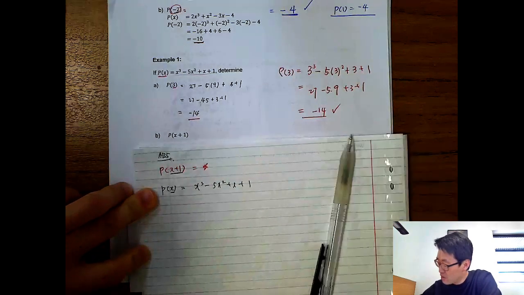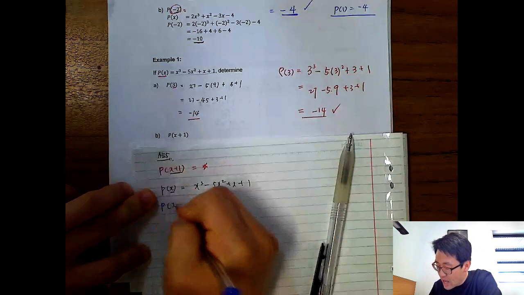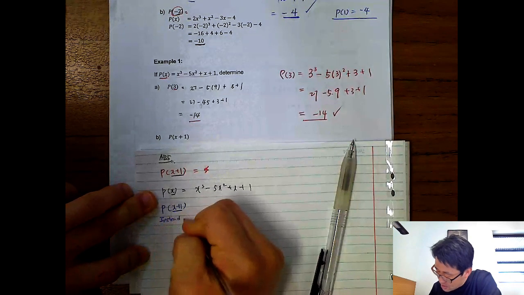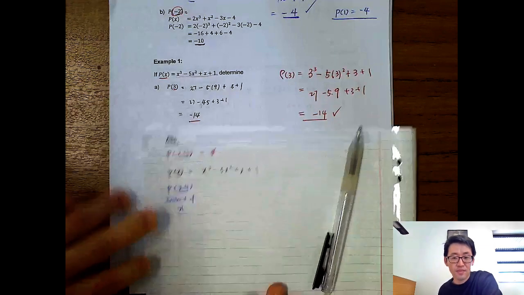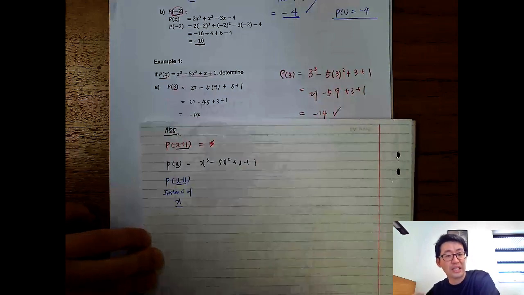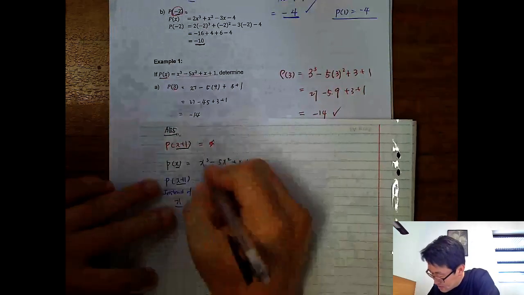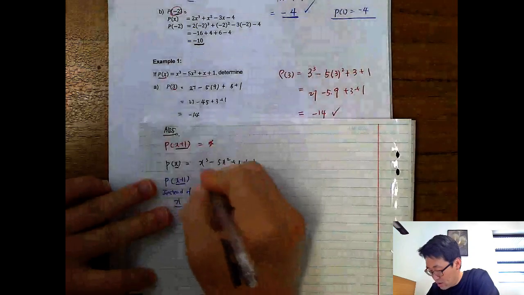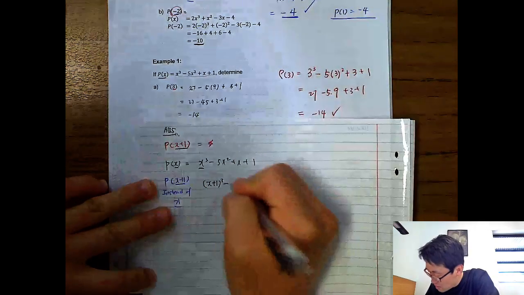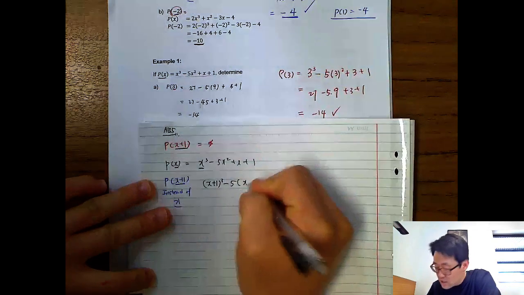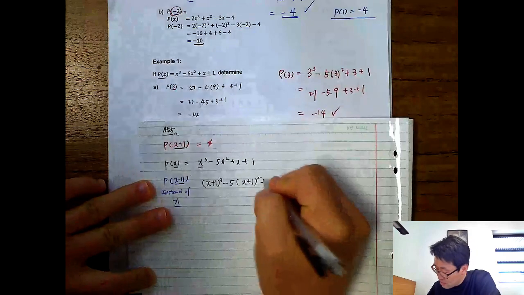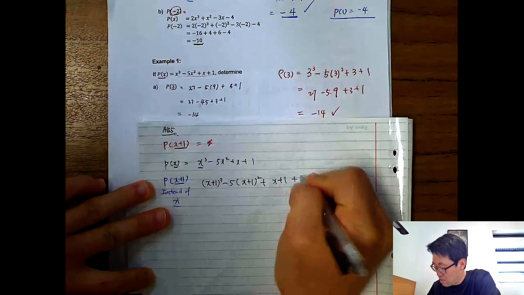Now we want to know P when the input is x plus 1 instead of x. So all I need to do is put x plus 1 instead of x. So (x+1) cubed minus 5 times (x+1) squared plus (x+1) plus 1.